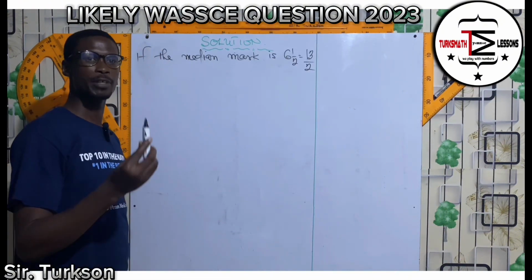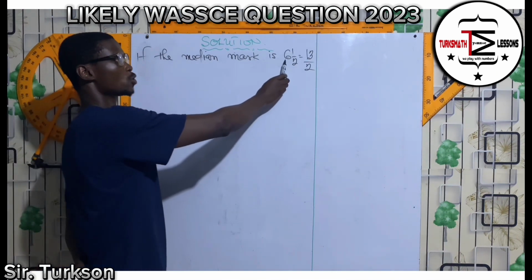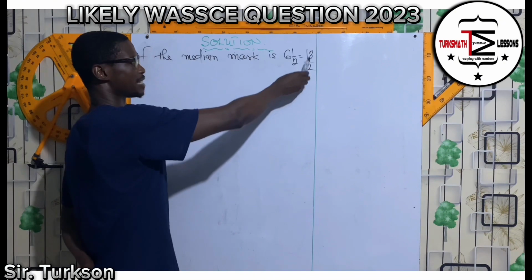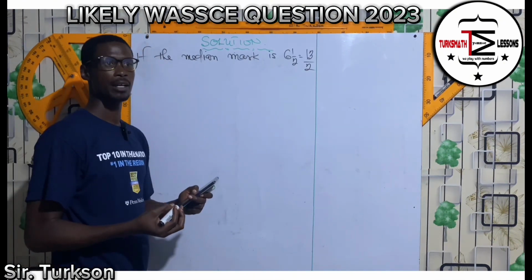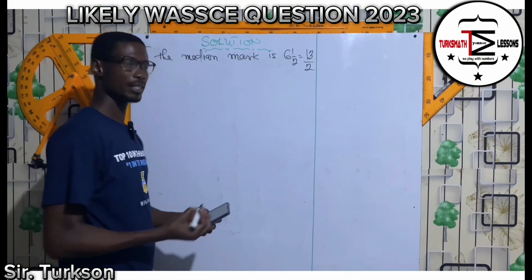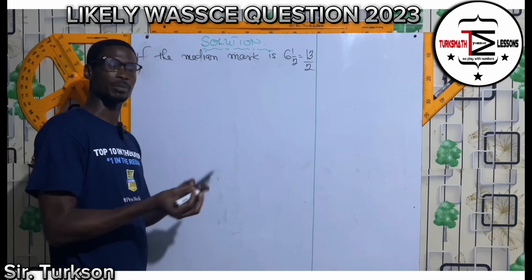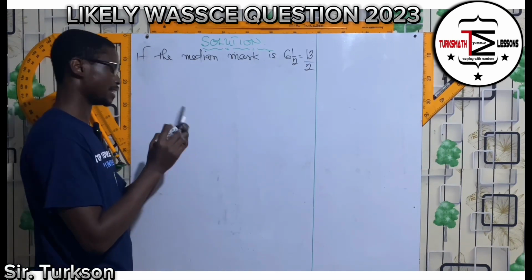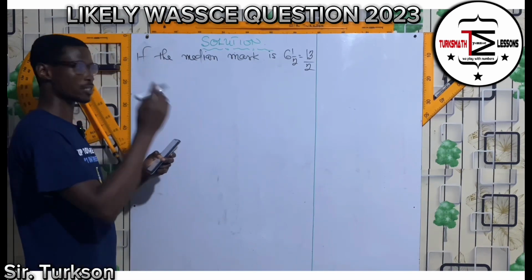So now they have given you the median mark. The median mark given there is 6½, which is the same as 13 over 2. To find the value of x, let's put down the marks obtained from the interview.